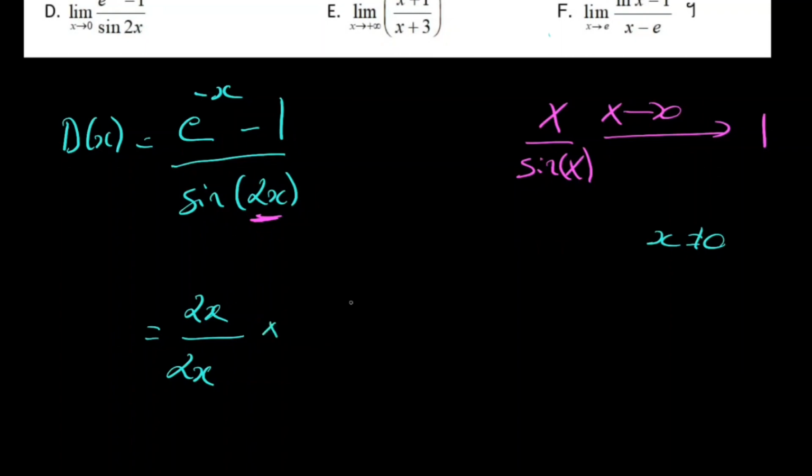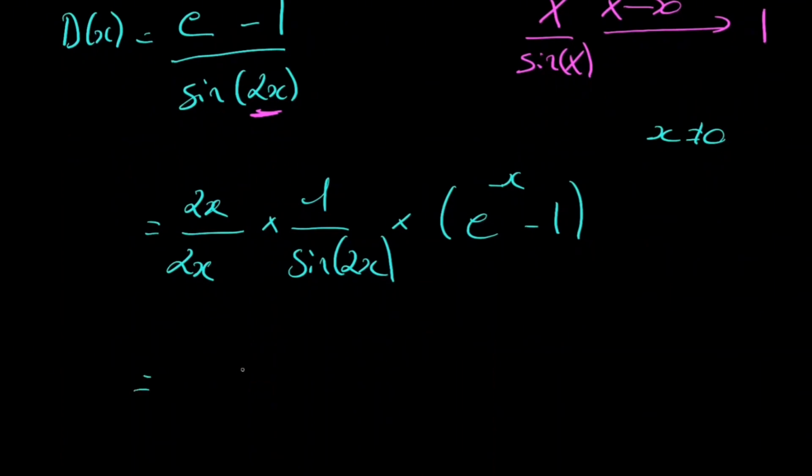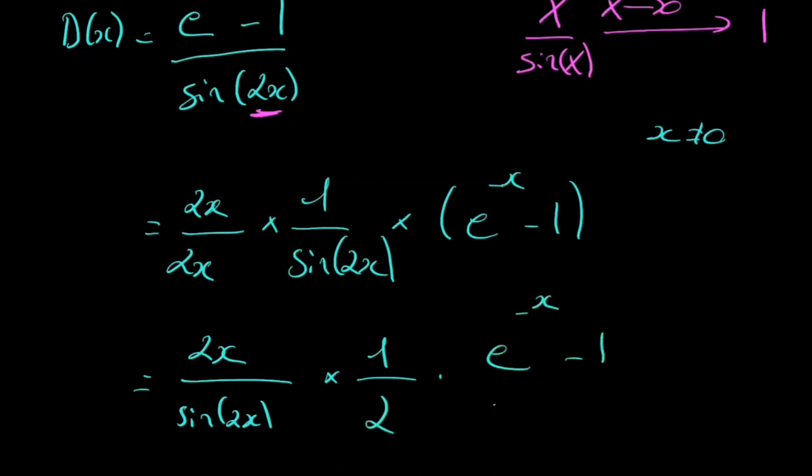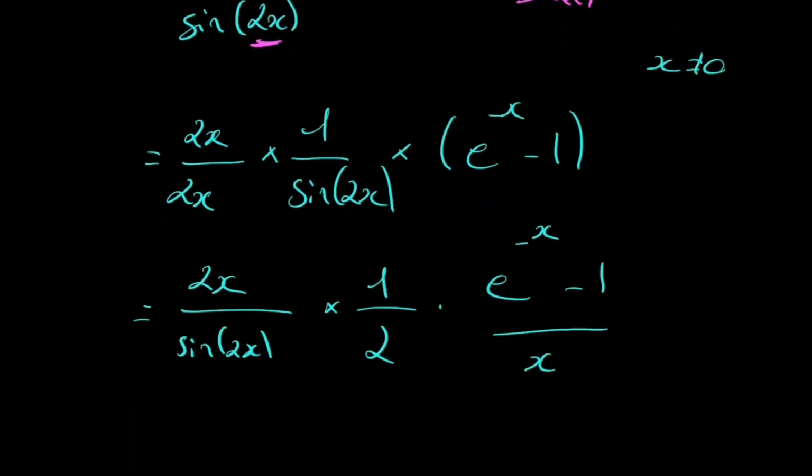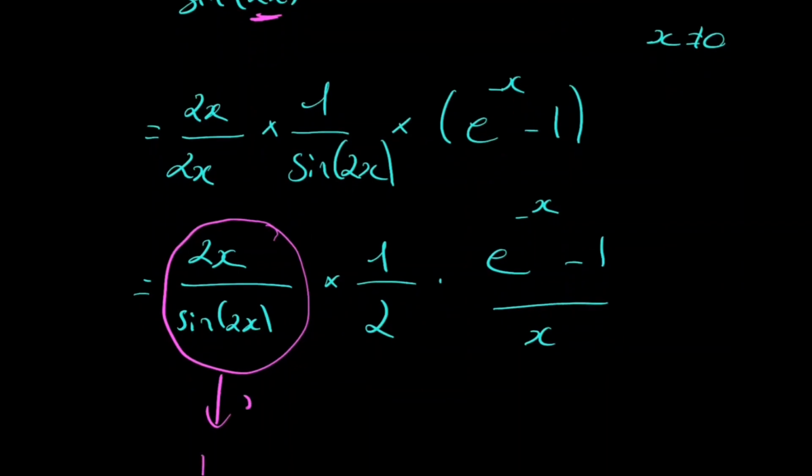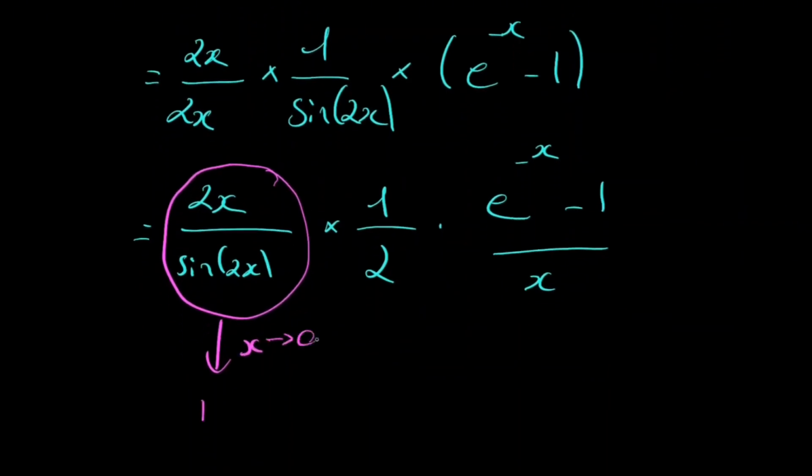So times 1 over sinus of 2x times exponential of minus x minus 1, which is equal to 2x over sinus of 2x times 1/2 times exponential of minus x minus 1 over x. We do know that this first thing will tend to 1 when x tends to 0, but what about the second?